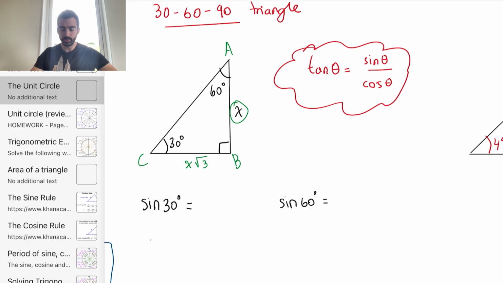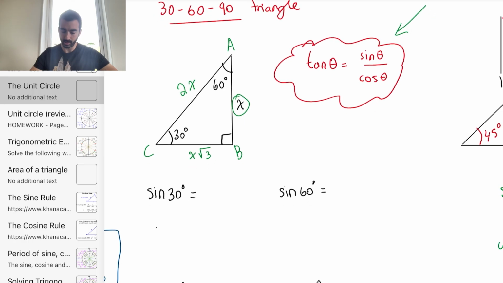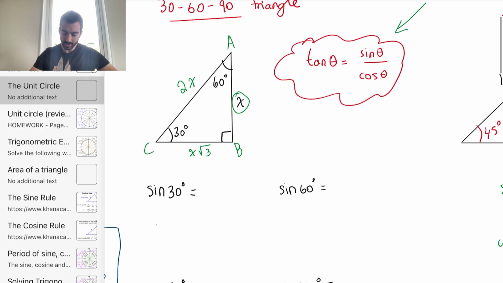Now the hypotenuse is always twice as big as the smallest side, which is opposite the 30 degrees. So it's going to be 2x. This here is just a reminder that tan theta is the same as sine theta divided by cosine of theta. Now, based on this triangle, let's have a look at the sine 30.